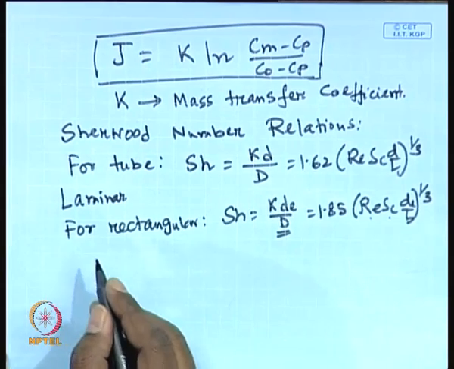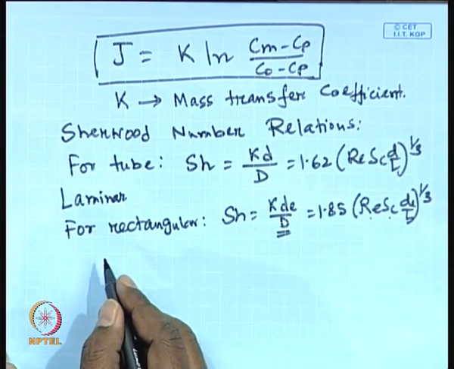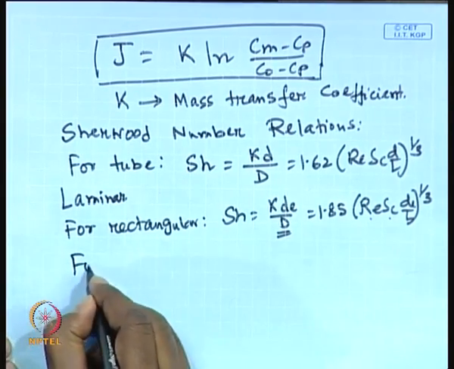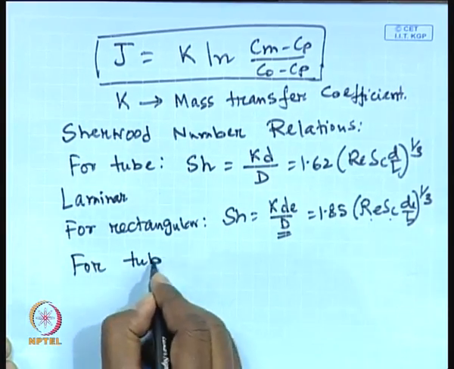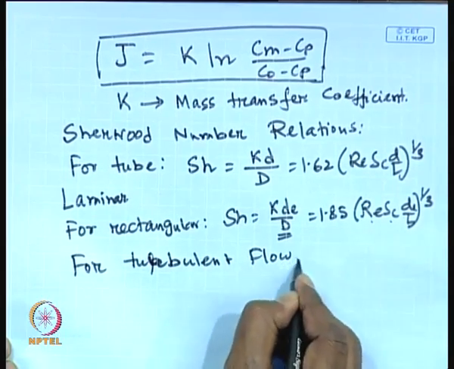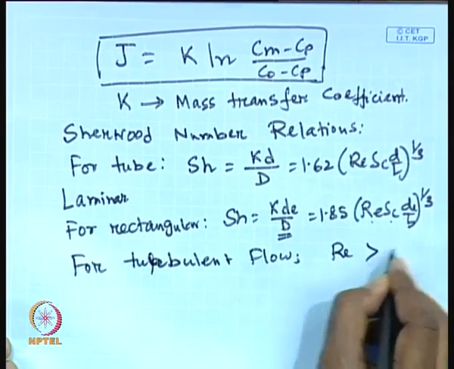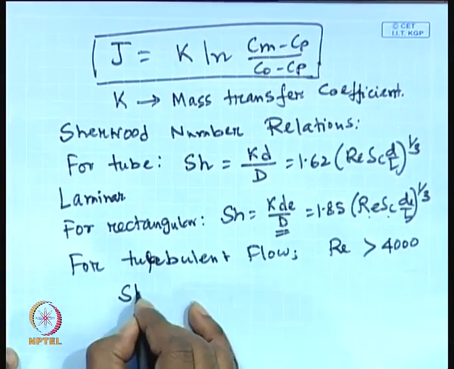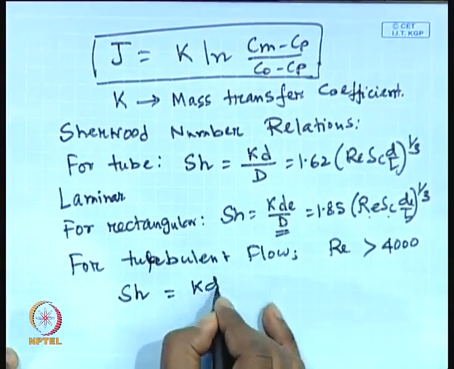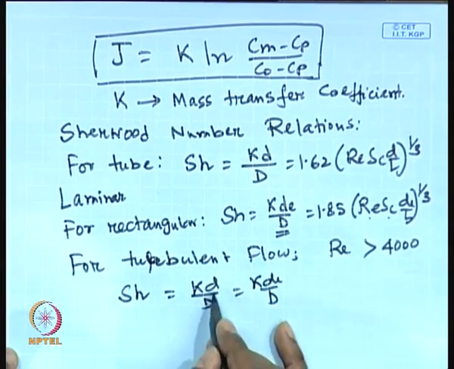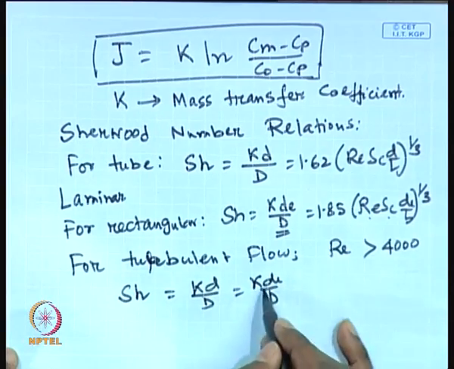On the other hand, in most of the industrial scale applications, the flow conditions are not laminar, they are turbulent. For turbulent flow, that means Reynolds number greater than 4000, we can use the Dittus-Boelter relationship, k d by D or k d_e by D. This will be in case of tube, and this will be in case of rectangular geometry.